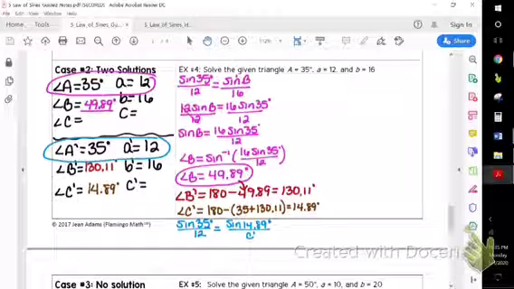Cross multiply and divide. So C prime times sine of 35 degrees is equal to 12 sine of 14.89 degrees. We're solving for that side C prime, so divide by sine of 35 degrees.